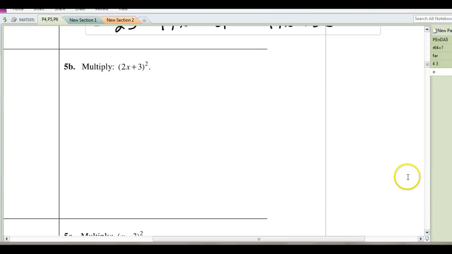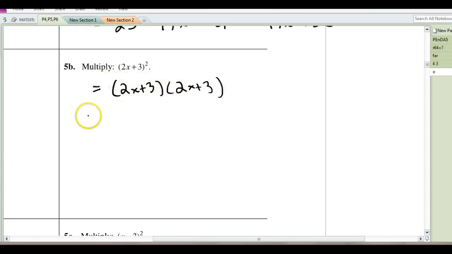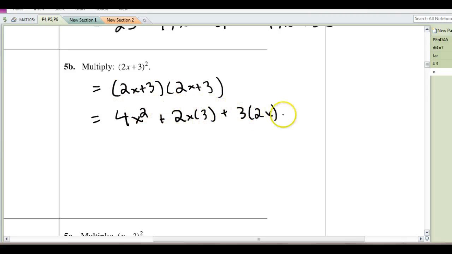Alright, this next one we have here is another example of just multiplying, but what we do is first remember that 2x plus 3 squared, really we can write as two sets of parentheses right next to each other. Like this, 2x plus 3 times 2x plus 3, and then we end up with 4x squared, 2x times 2x, plus 2x times 3, plus 3 times 2x, plus 3 times 3.